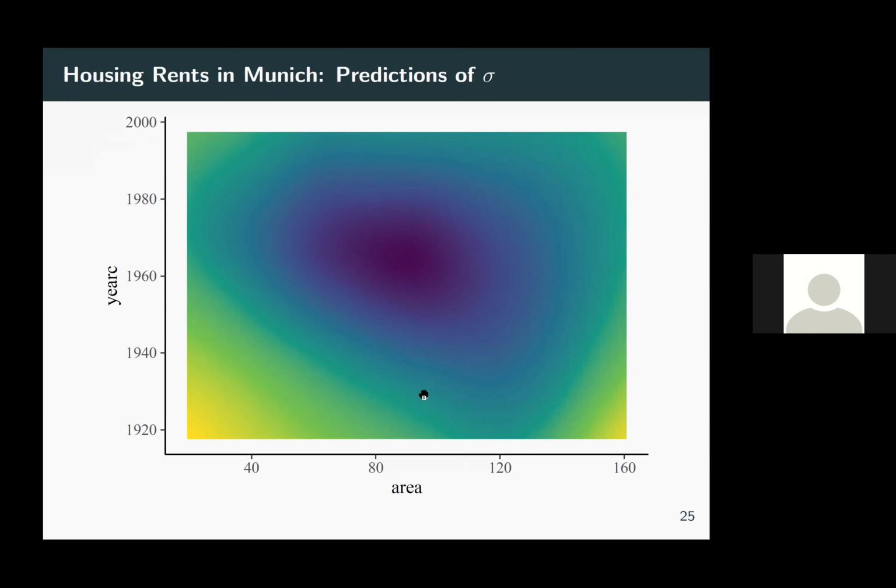There was one question in the chat a few minutes ago, and the question was, is sigma square the group level variance? No, it's the residual variance of the likelihood. That is, sigma is the residual standard deviation of the likelihood, and sigma square is the residual variance of the likelihood. The group level variance would be what I call the variance of standard deviation in multi-level terms.